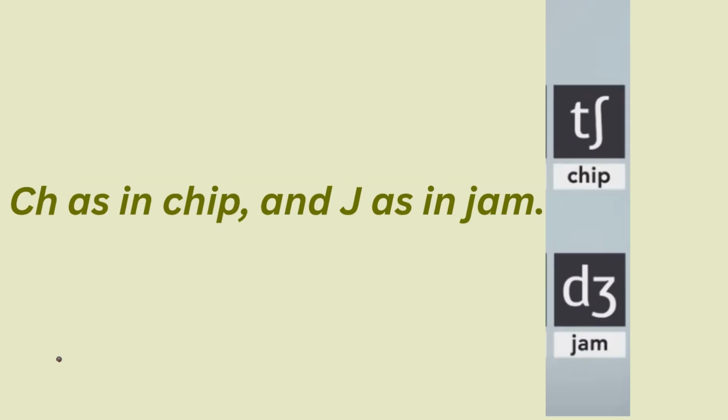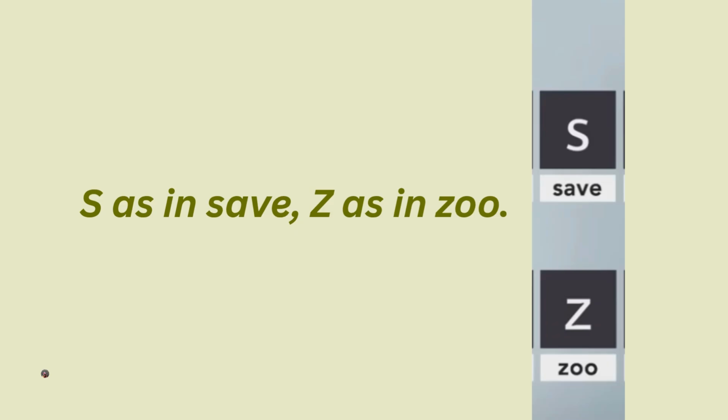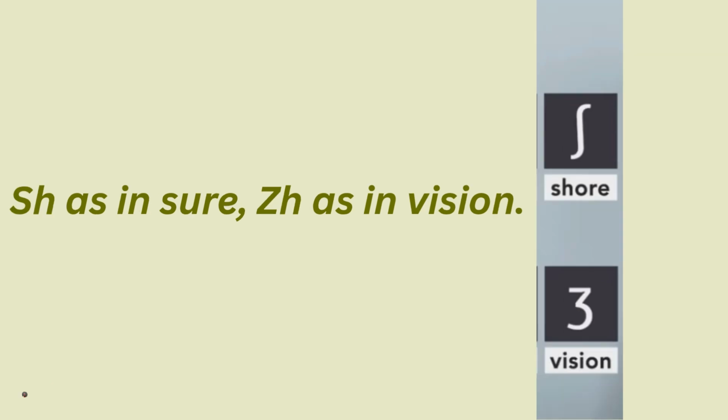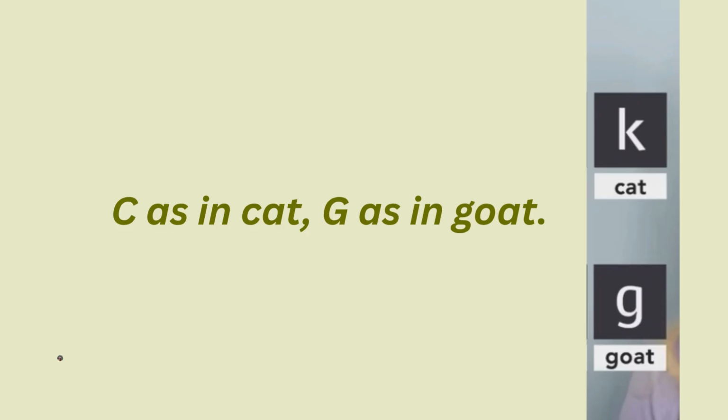Ch as in chip, and j as in jam. S as in safe, and z as in zoo. Sh as in sure, and zh as in vision. K as in cat, g as in goat.